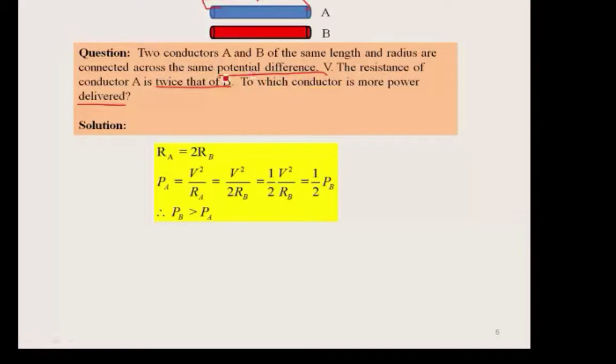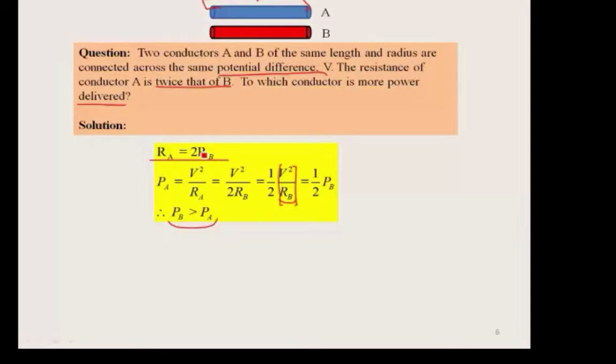So let's look at the equations. We have this relationship that A has twice the resistance of B. Here's the power in A, V squared over R sub A. If we put in the value of R sub A relative to R sub B, that would be 2 times R sub B. Then we're left with 1/2 times V squared divided by R sub B. But this quantity is the power dissipated in R sub B. So you can see that it's 1/2 P sub B. The result is that resistor B, which is the smallest resistor, has the largest power dissipated in it.